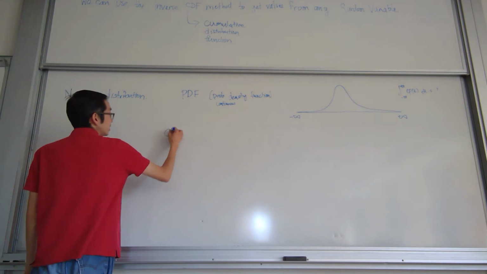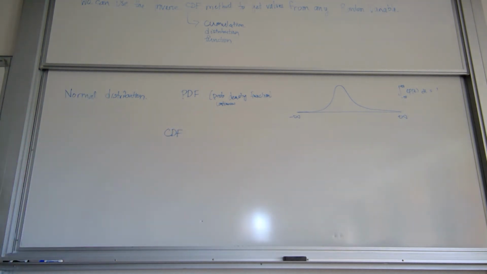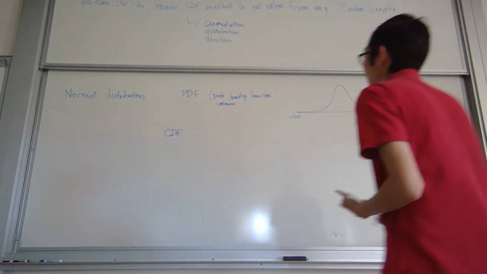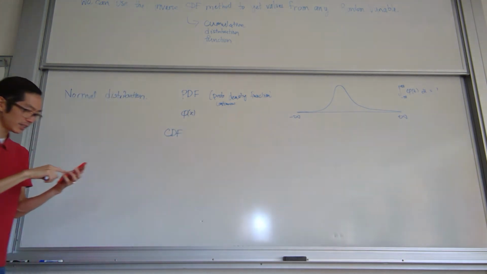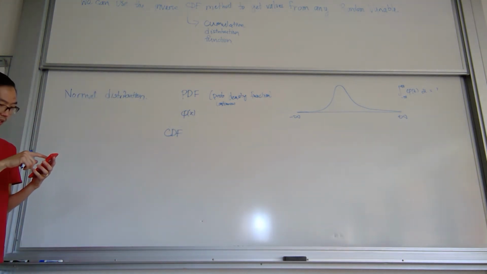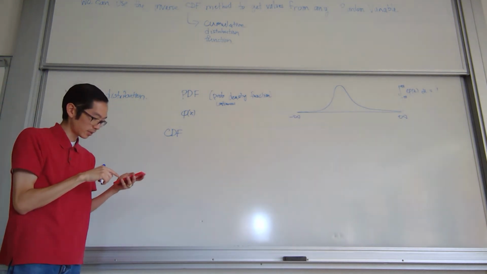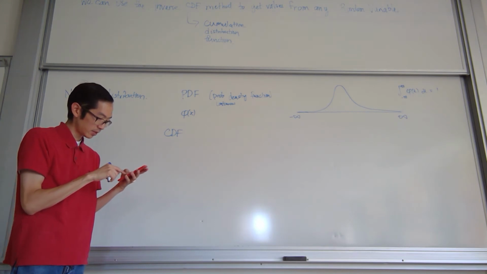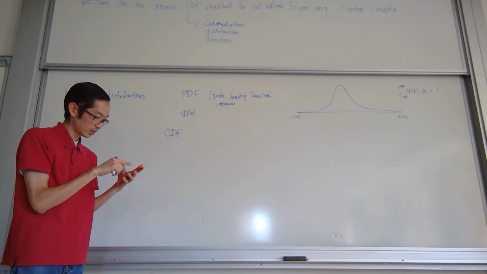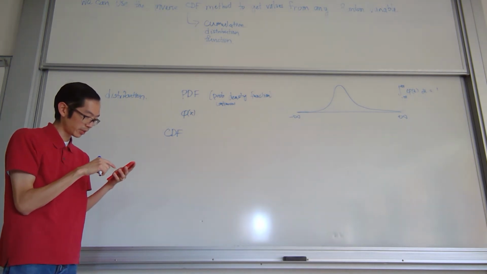What is the cumulative distribution function? Wait, what's the exact form? I should write this down. Okay, the normal density, let's go to Wikipedia. It's 1 over root 2 pi, right?